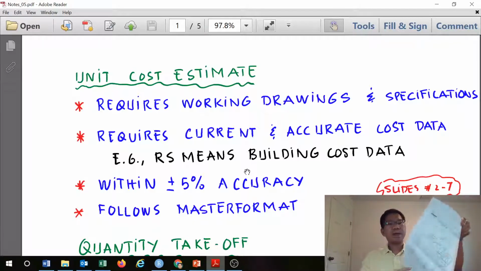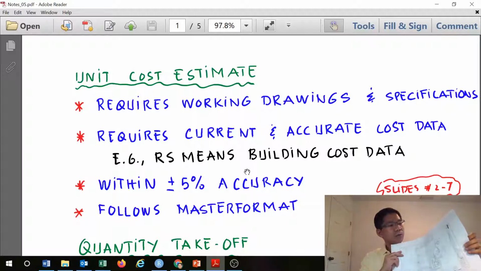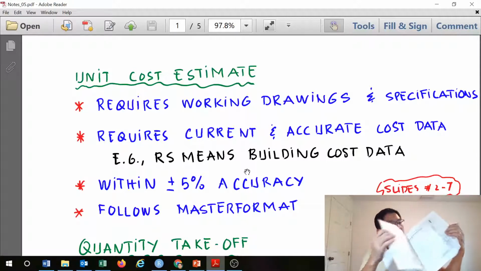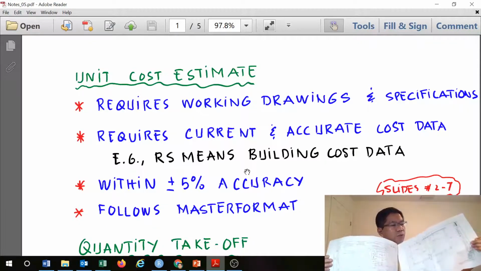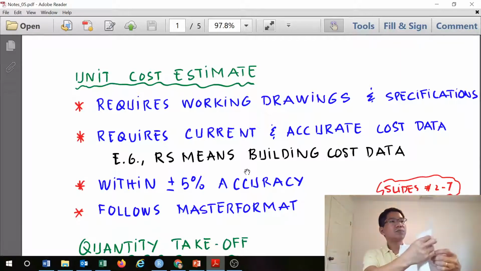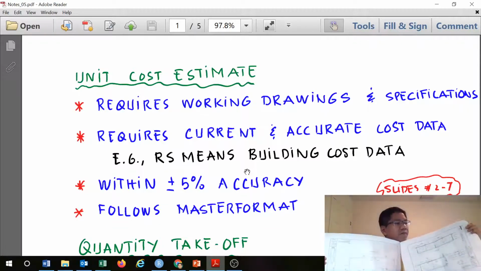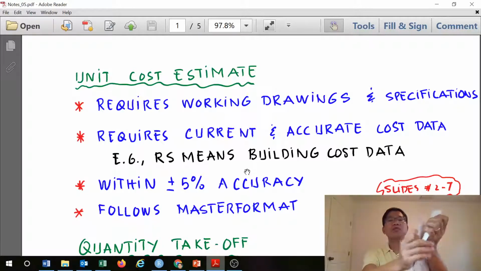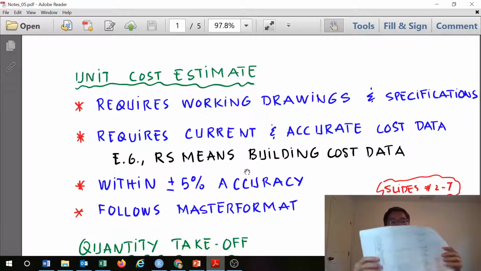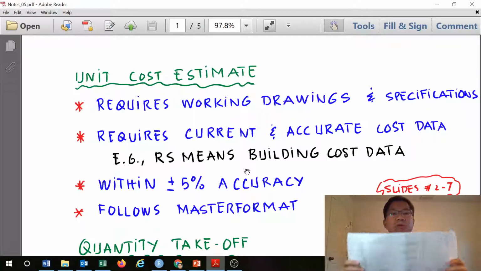We need clear, detailed drawings showing the dimensions and each item. These working drawings, ready for construction, need to be available so that we can continue to do the unit cost estimate.